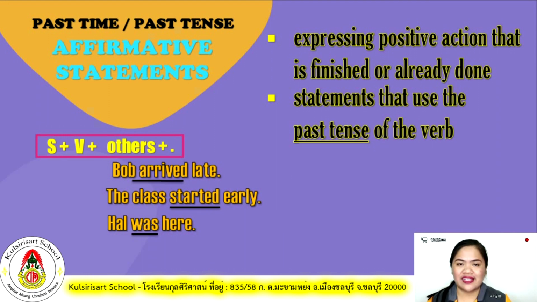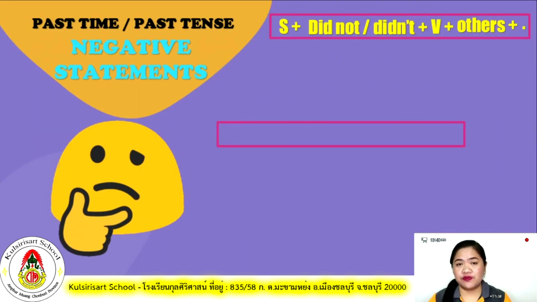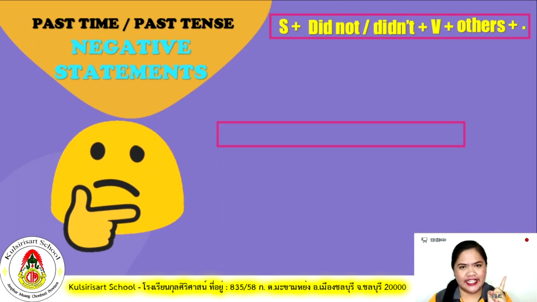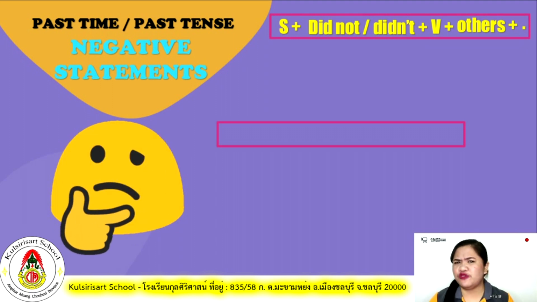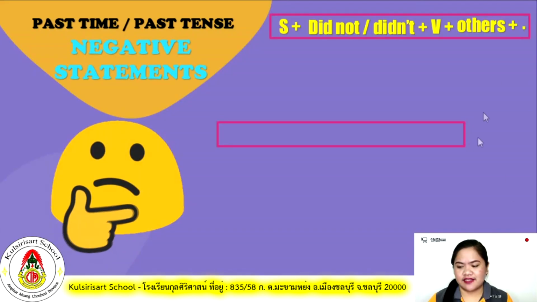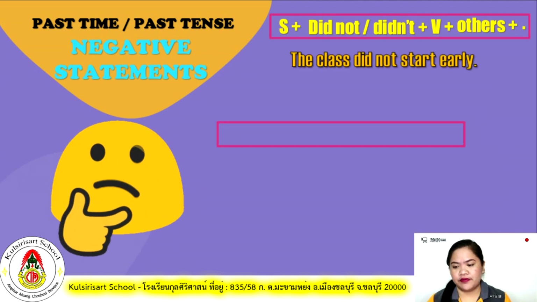So we use was. Next, we have again the formula subject plus did not or didn't plus the verb plus others, and don't forget the full stop. Next, we have here the example. The class did not start early.